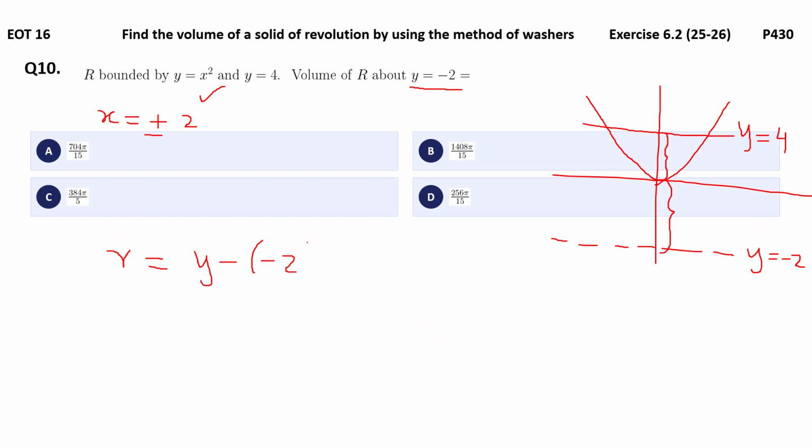Whereas the outer radius starts from the top region, that is 4. So 4 minus of minus 2. So the outer radius becomes 6, and for the inner radius, we replace y by x square, and minus of minus 2 became plus 2.